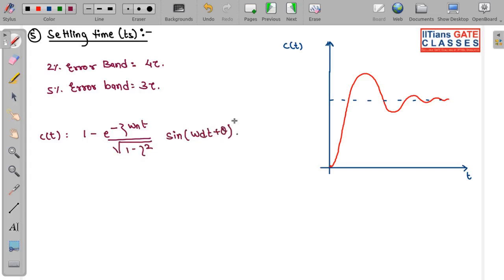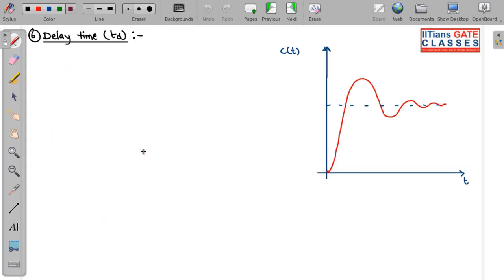If you put t tends to infinity, this quantity will be 0, so this will become sine theta, and sine theta will cancel. Now if you put C of t equal to 0.98, you will get it for 2%. If you put it equal to 0.95, you will get it for your 5% error band. Very simple thing, I am not deriving it.